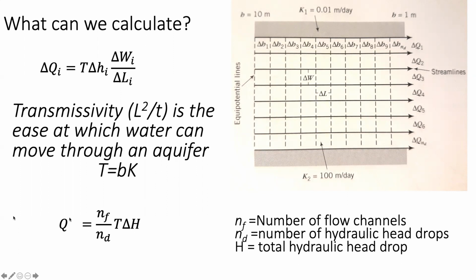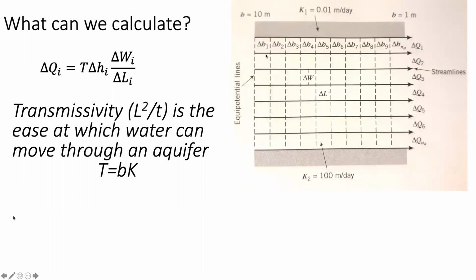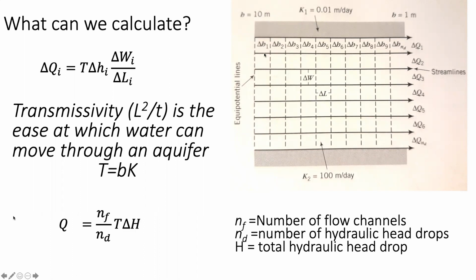Now, when you want to solve for the overall discharge of the system, this is taking into consideration the average behavior of the entire system as opposed to one specific point. You're going to look at the number of flow channels. You're going to look at the number of head drops. In this instance, the number of flow channels as we add them up would be 1, 2, 3, 4, 5, 6, 7.